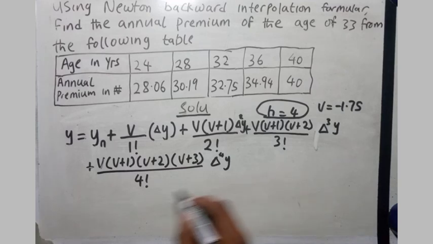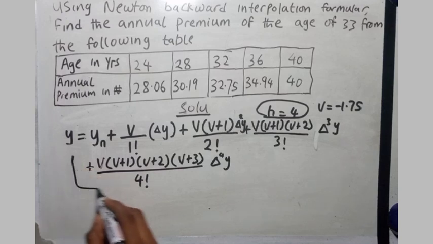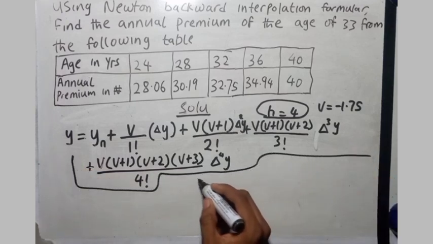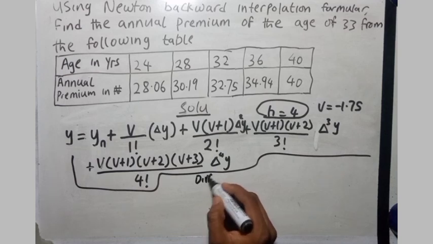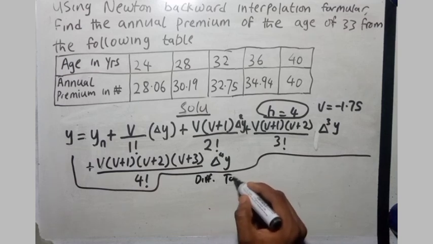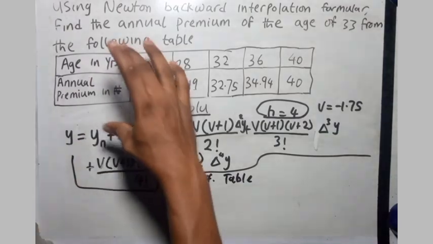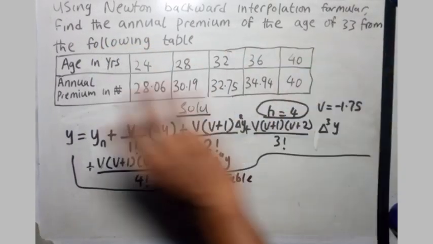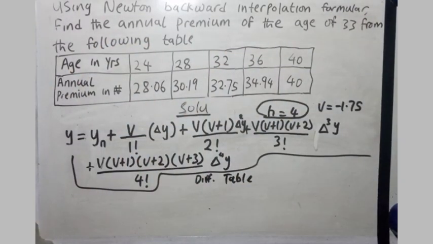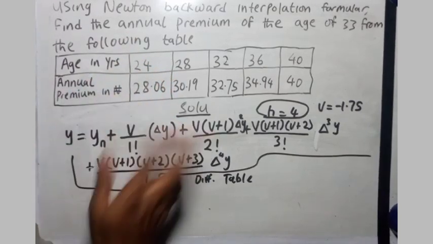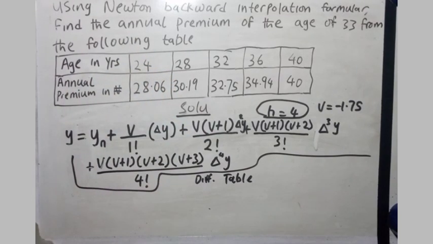Remember, every one of these horizontal entries, you make vertical. For this I'll be writing age, and for this I'll be writing AP to represent annual premium.